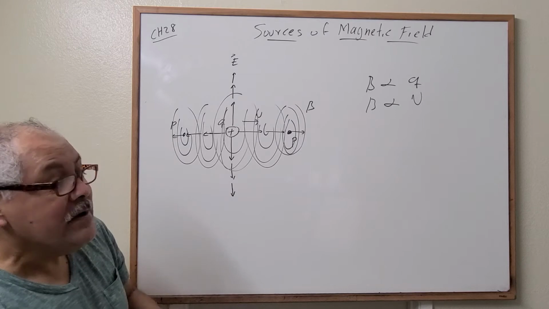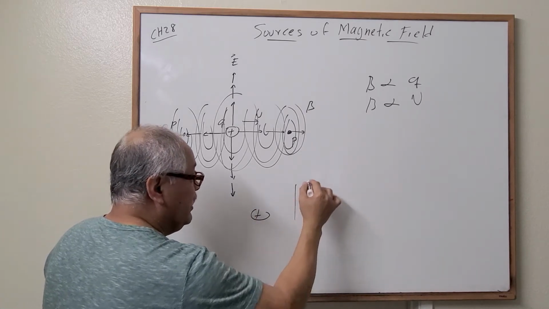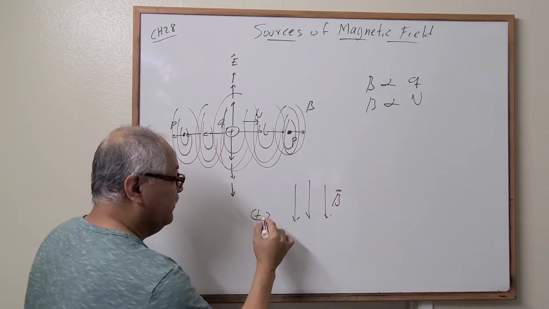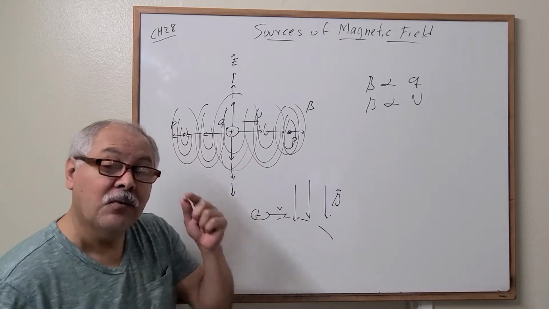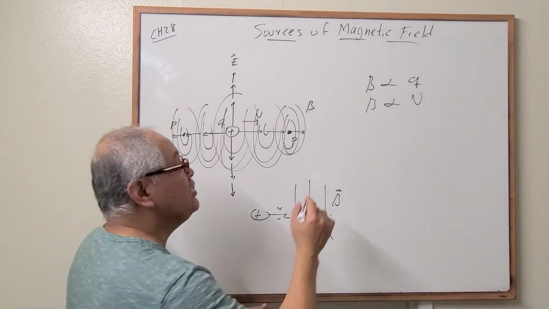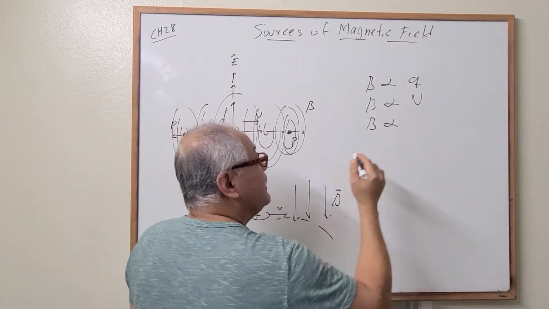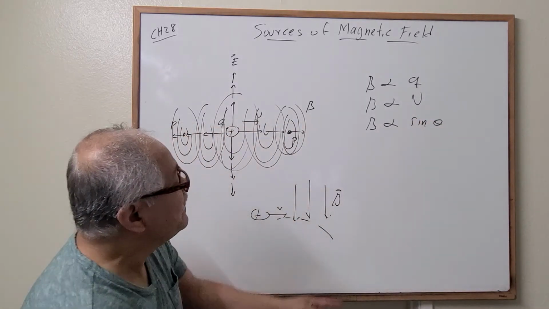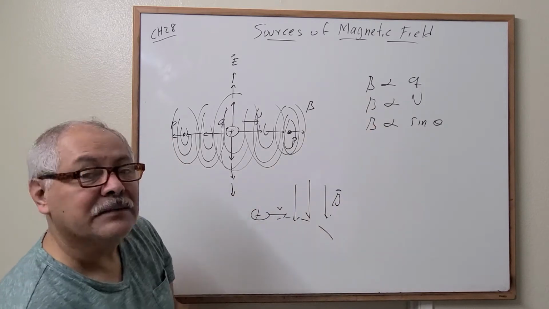Now, we found before that when we have a charge going inside of an external magnetic field, we have a force acting on this charge, and that force is proportional to the angle. So we can relate this quantity too. So this magnetic field is proportional to sine theta. Remember, we are finding this magnetic field because of the interaction.